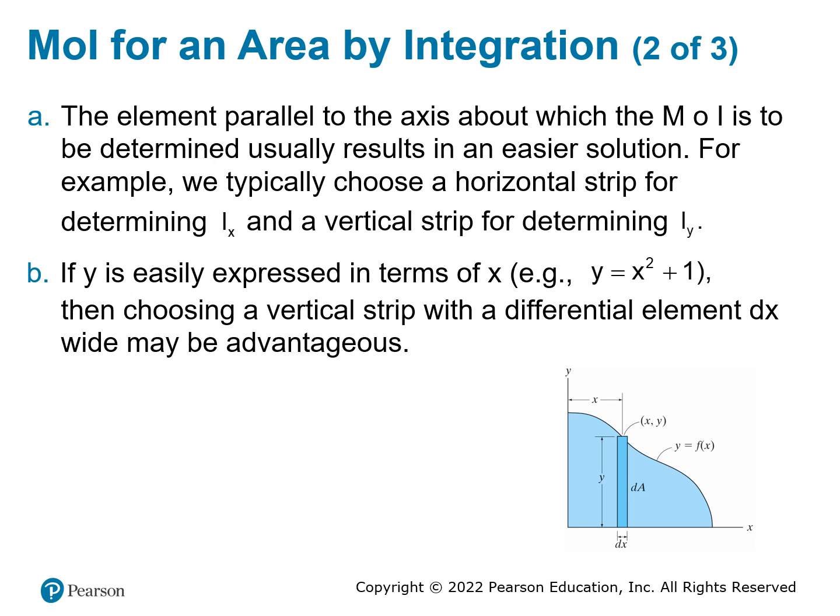This slice is going to determine the moment of inertia about y. So this one is going to help you find I sub y. If you do this horizontal one, this one will give you the I of x. So when you do this one, you integrate from the bottom all the way to the top. You are looking at how it rotates about the x-axis.